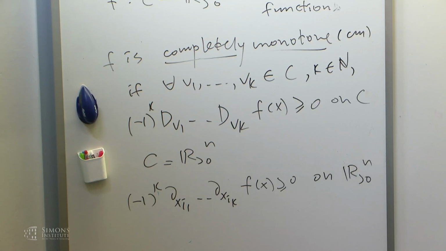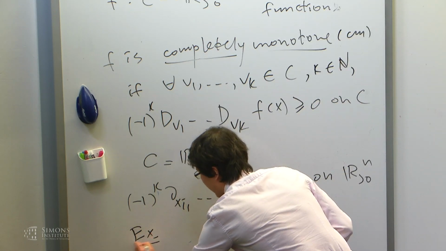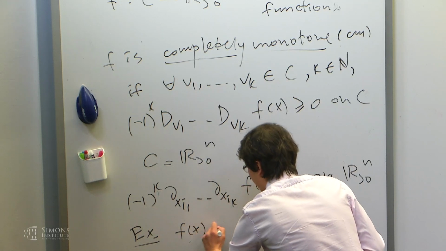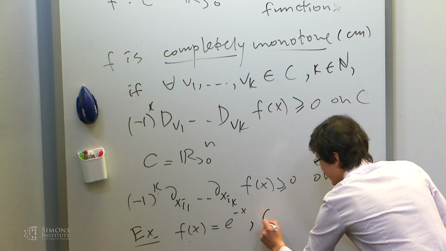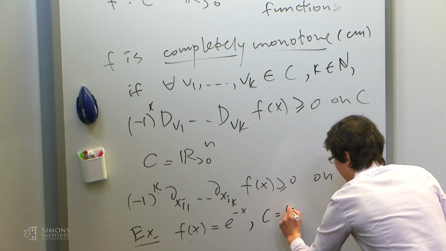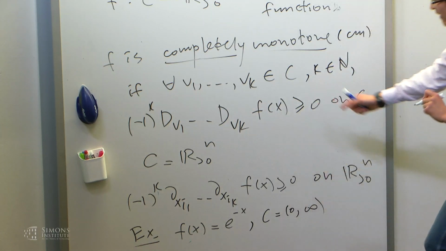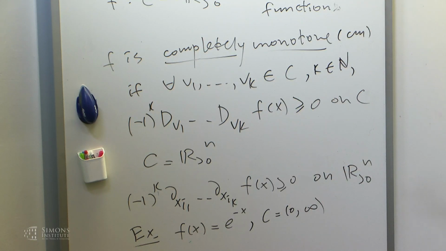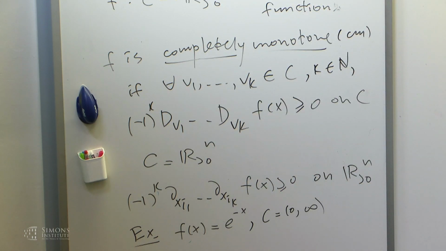Some examples of functions of this kind: you can take f of x to be e to the power minus x. Then the cone here is the positive line, and you can easily check that when you take any k-th derivative of this function, it will be positive whenever x is positive.